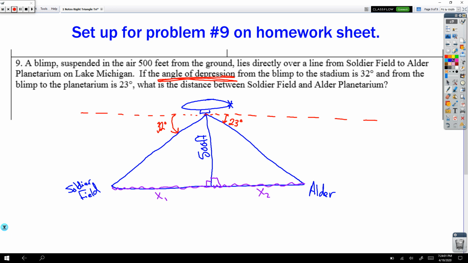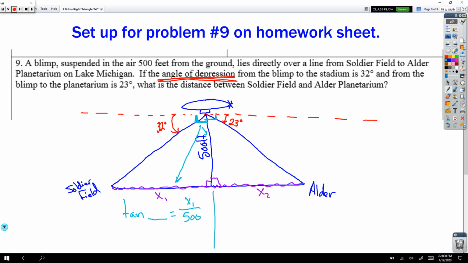And again, here's a little hint for those of you who are going to attempt this problem. Remember that these two have to add up to 90, and these two angles have to add up to 90.